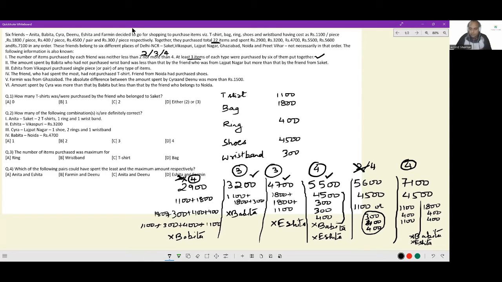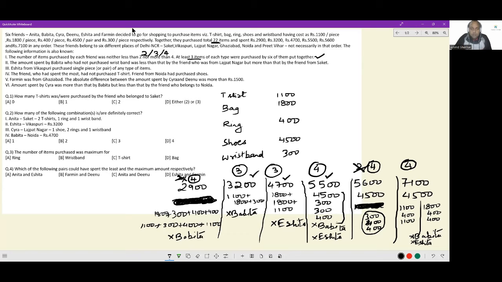It has to be 4 items and it has to be 4 items, which means this case is also uniquely known. It has to be this case. But for 2900, we are still unsure. We cannot have 2 items, but it can be 1800, 3, 4, 4, or 1100, 1100, 4, 3. All of this can be done.